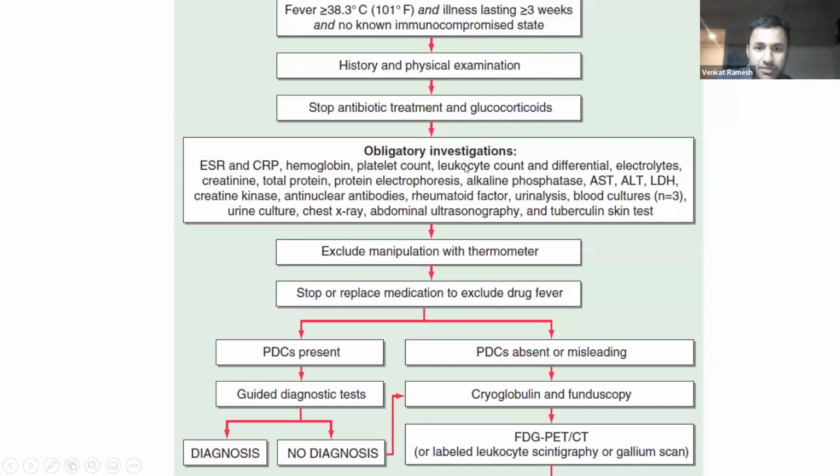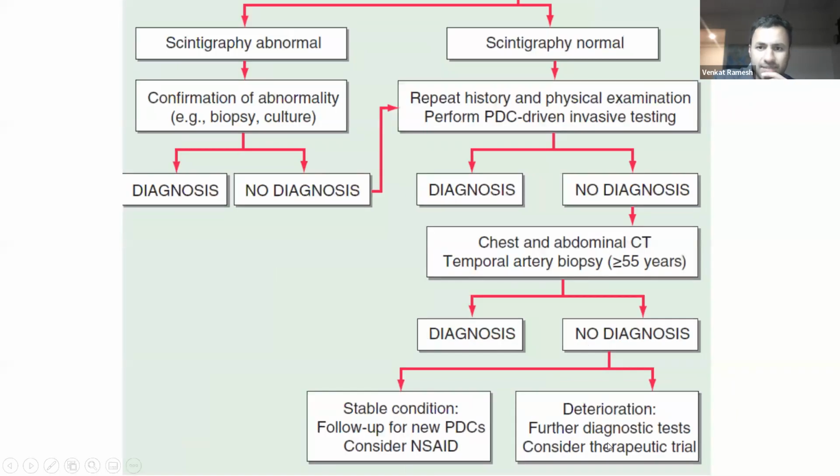If you look at our textbook, Harrison's Principles of Internal Medicine, they talk about the approach to a patient with pyrexia of unknown origin, and I had mentioned all these tests. The idea is that if you do not have potentially diagnostic clues, you would have a low threshold for getting an FDG PET-CT or a labeled leukocyte scintigraphy or gallium scan. If it is abnormal, then you proceed to appropriate biopsy.